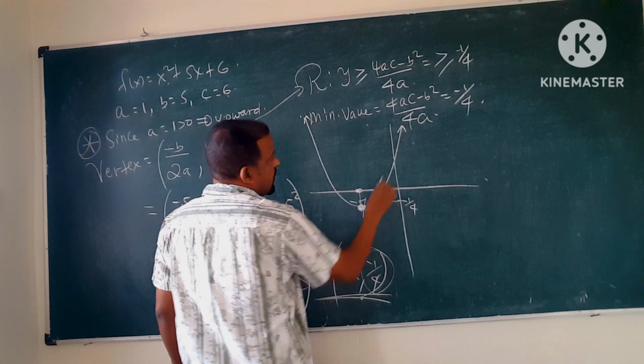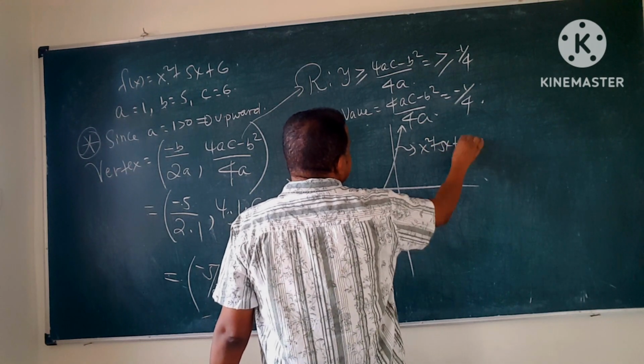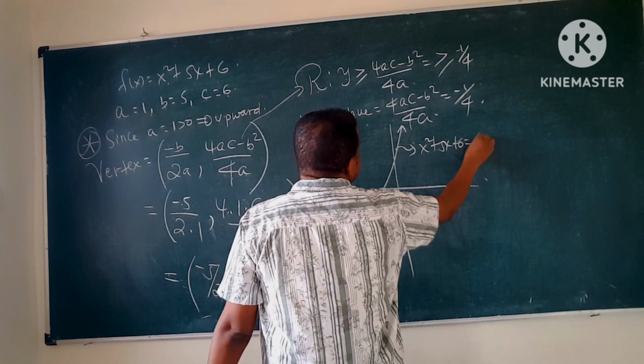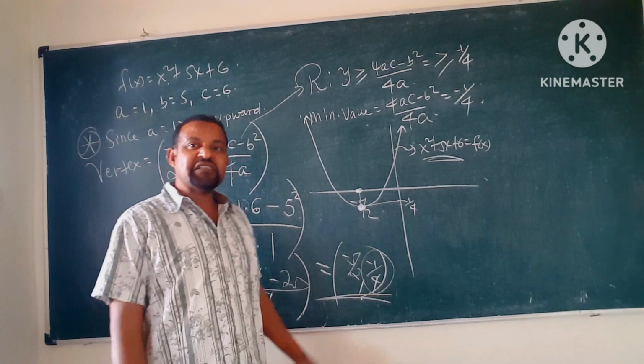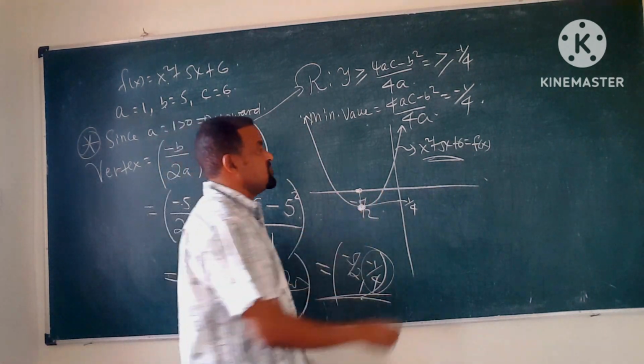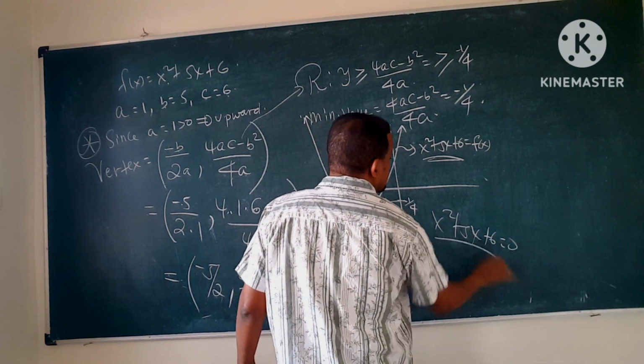This is a parabola, x squared plus 5x plus 6. This is f of x. Okay, to find the x-intercept, set this equal to 0: x squared plus 5x plus 6 equals 0, and solve the quadratic equation.